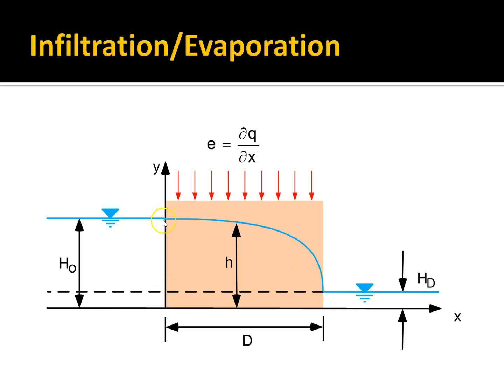You're going to have one flow rate as the water comes in on the left, and before it stayed the same. It's the same Q all the way through, but now the flow rate actually increases because of this infiltration. And that's what the infiltration rate gives you.